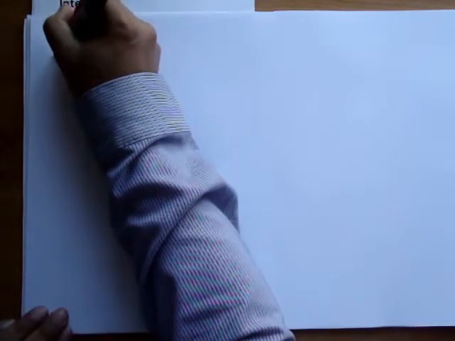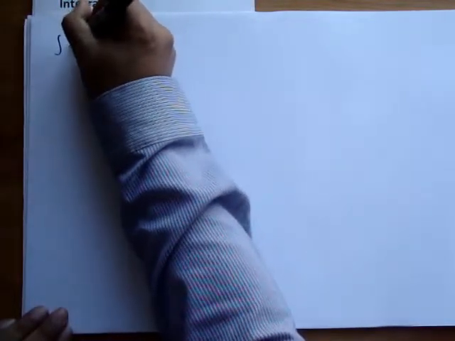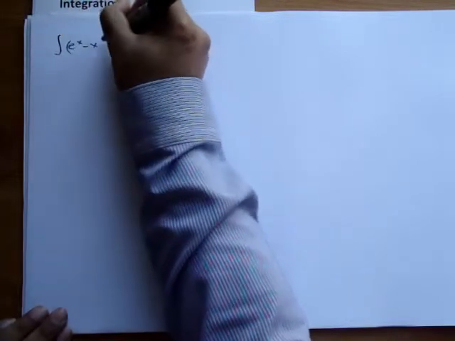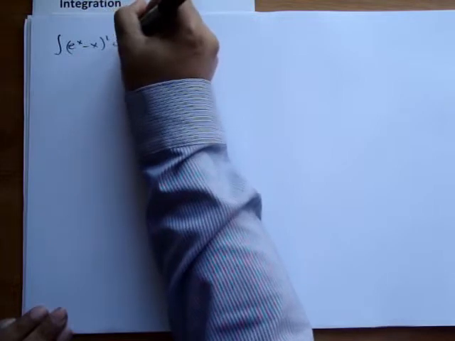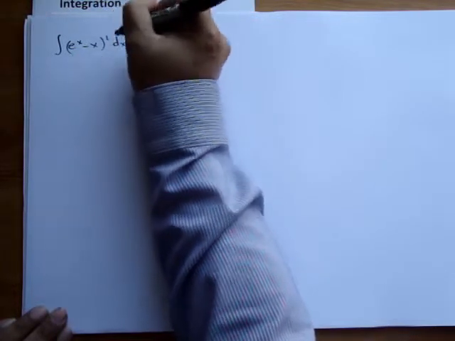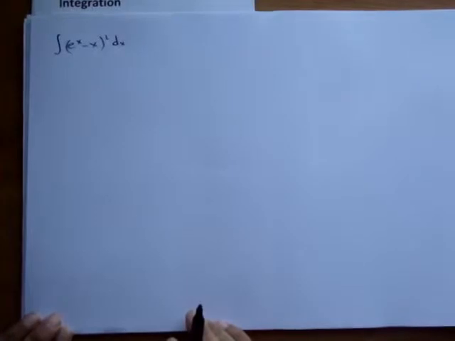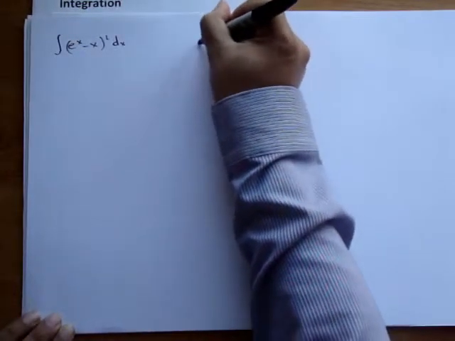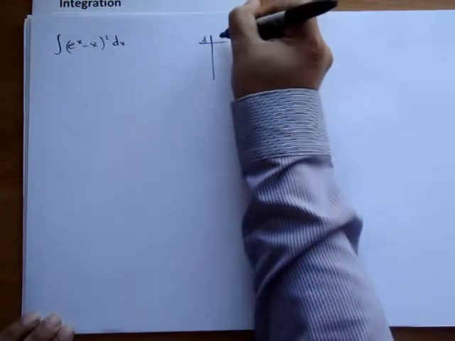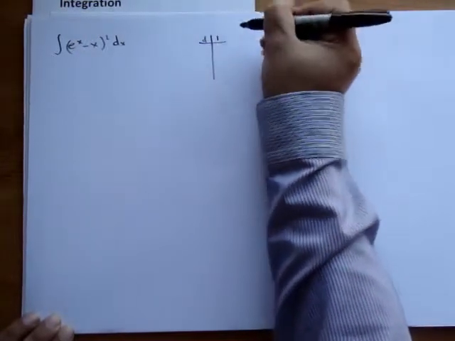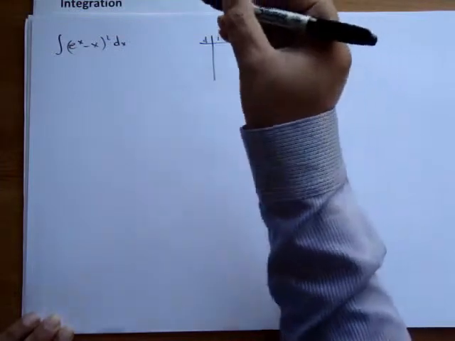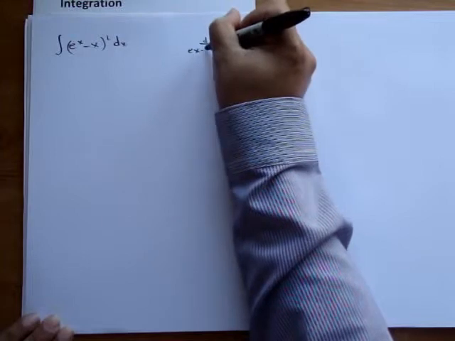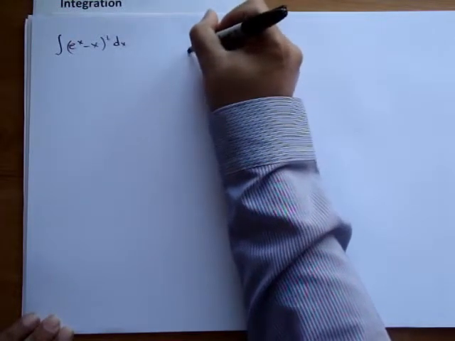Now the integral of (e to the x minus x) squared dx. So let's make our little table. Differentiating here, integrating down this column. So here we have e to the x minus x.